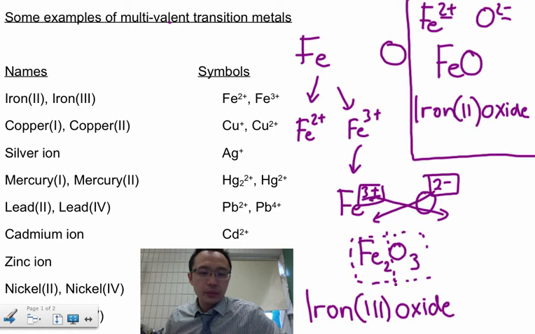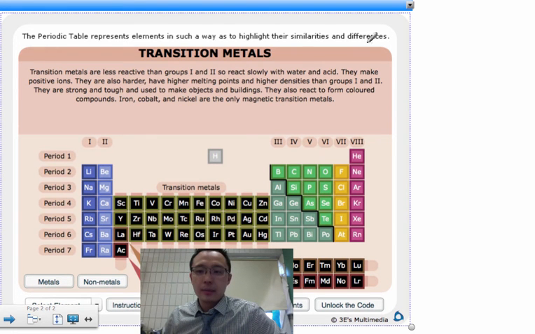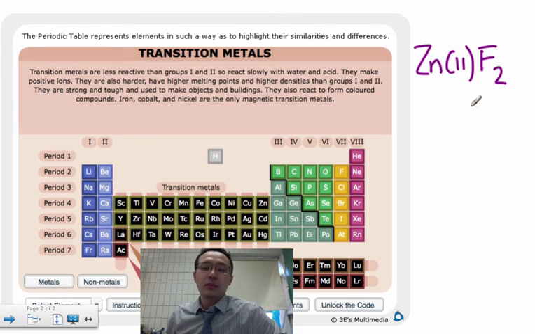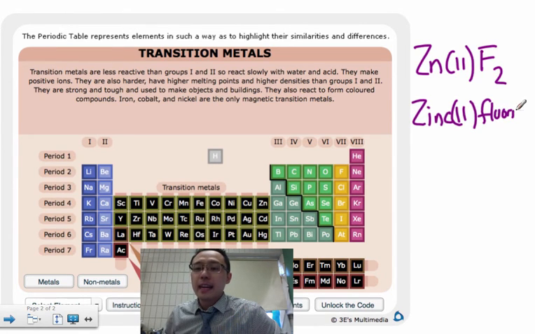So what if you were given something like zinc 2 fluoride? So you're given the name first, and then you have to determine the formula.